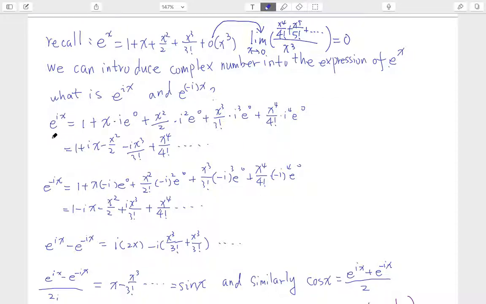And then following this definition, we can formalize our expression of e to the ix and e to the minus i times x. It has been listed out here in 4. There's a recurrence relationship between every 4 terms of i, namely i squared, i to the cube, i to the fourth power.